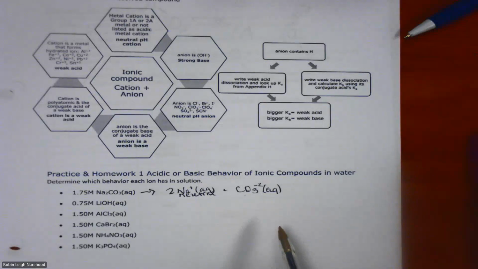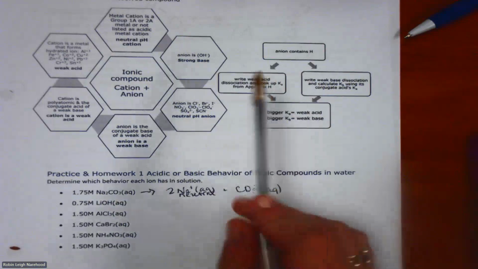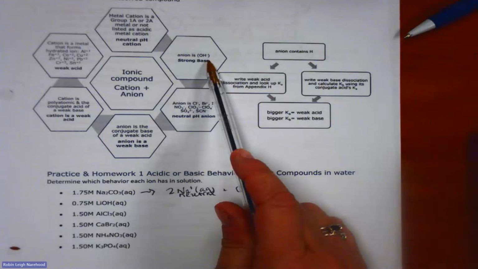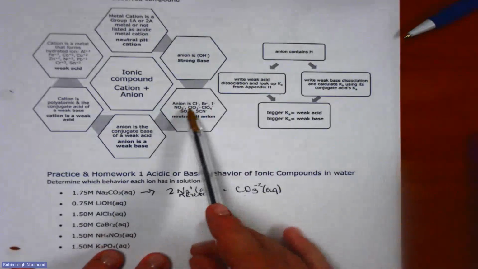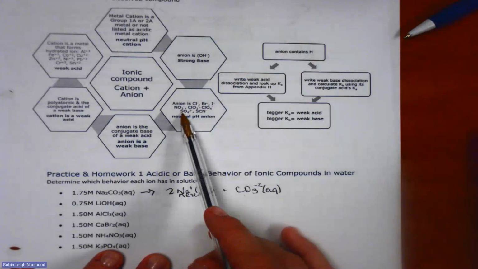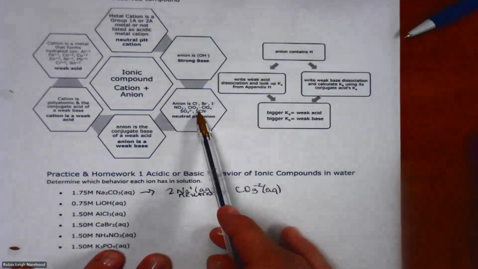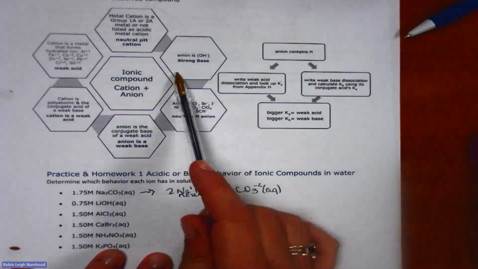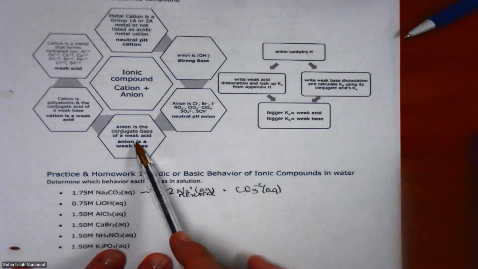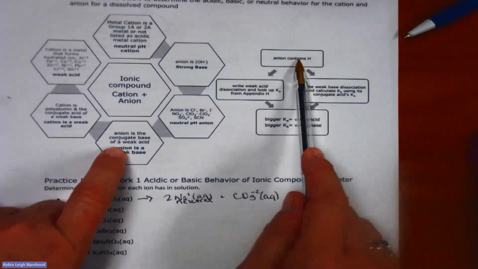This is a process of elimination. Is carbonate hydroxide? No. Is it chloride, bromide, iodide, nitrate, chlorate, perchlorate, sulfate, or thiocyanate? No. If it is not any of these, then it is over here. Unless it has a hydrogen, then it would be over here.